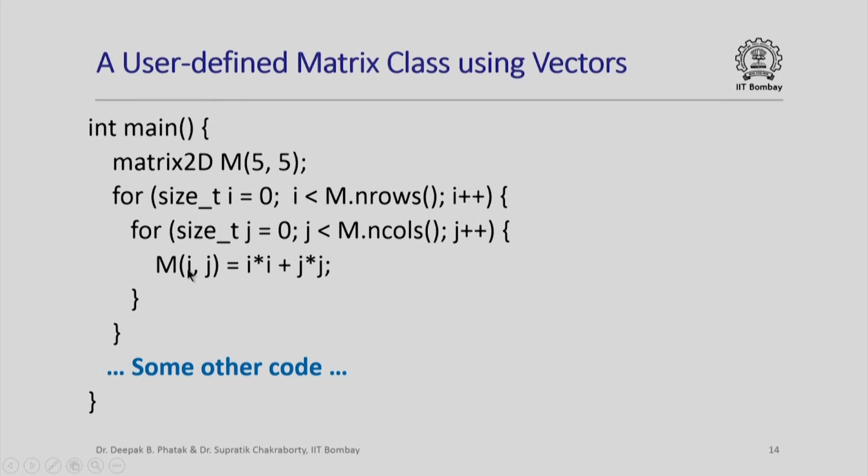So basically that is the element in the ith row and the jth column of the two-dimensional matrix M that I am representing, and it is initializing that to some value, in this particular case i squared plus j squared. And then I could have some other code here which makes use of these values or updates these values, but the purpose of this example is to show how we can use a user defined matrix class which internally uses vectors in a real user program.